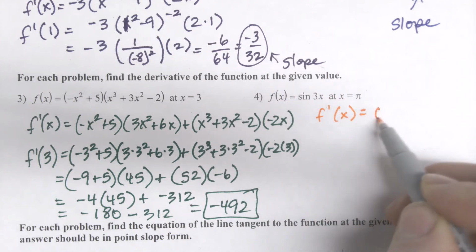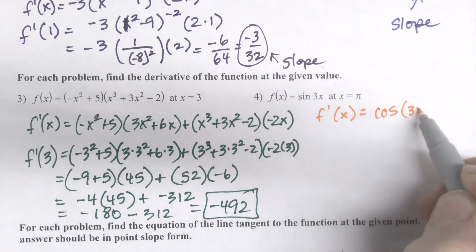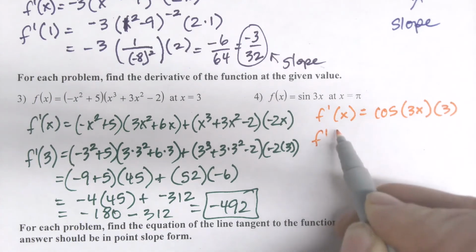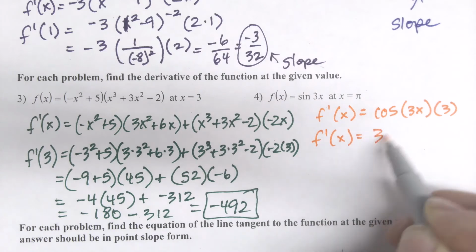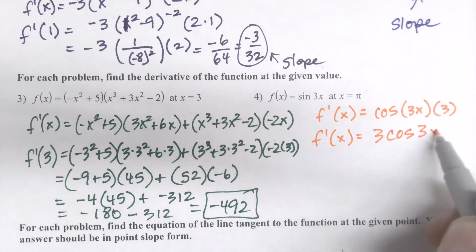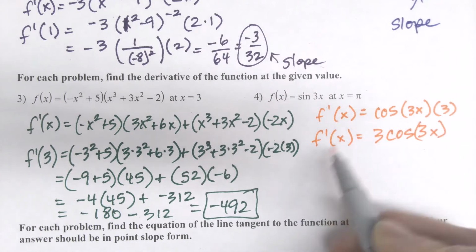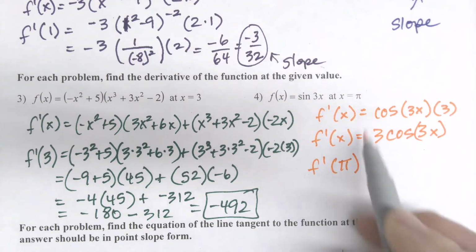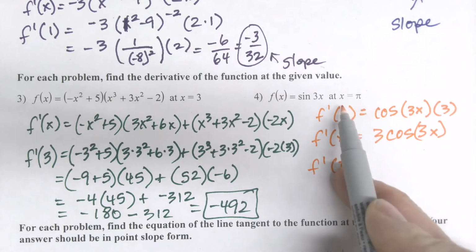The derivative of sine is cosine, angle as is, times the derivative of the angle, and then I usually rewrite it, 3 cosine 3x. And I need to find the derivative when x is pi.